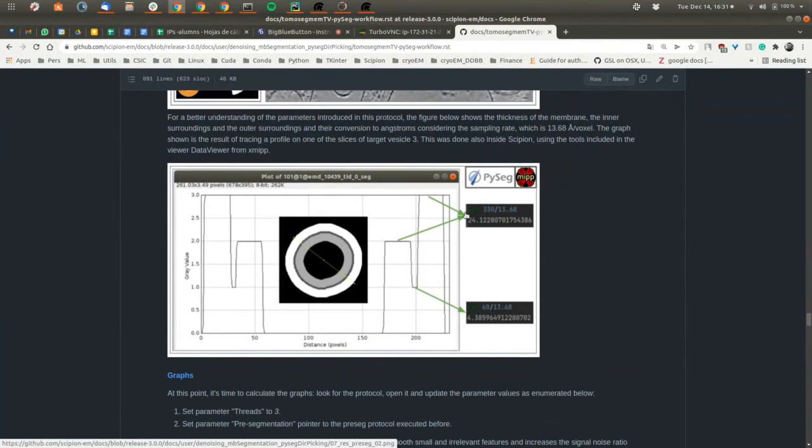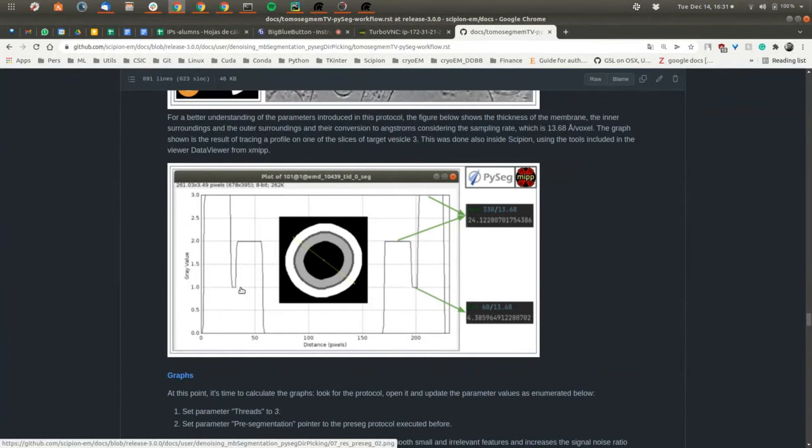So more or less, as you can see, you have the membrane, inner surroundings, outer surroundings, and about 50, considering between 4 and 5 pixel thickness of the area of the membrane. Sizes seem to be correct.